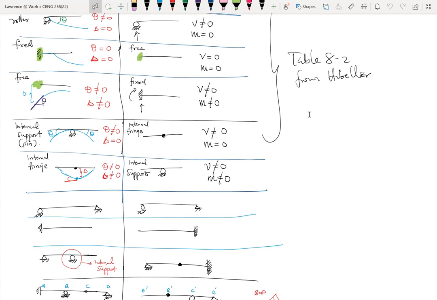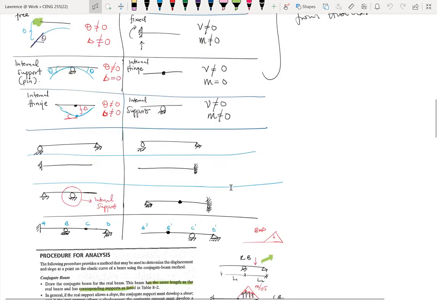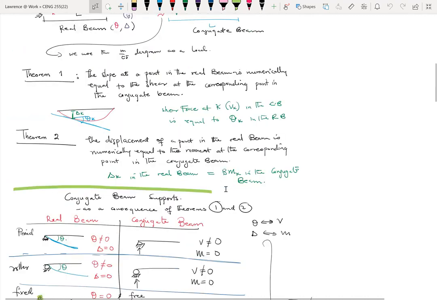So we give ourselves different examples here and there to be able to appreciate what goes into these supports. And I also mentioned that because of that, we can derive two theorems.